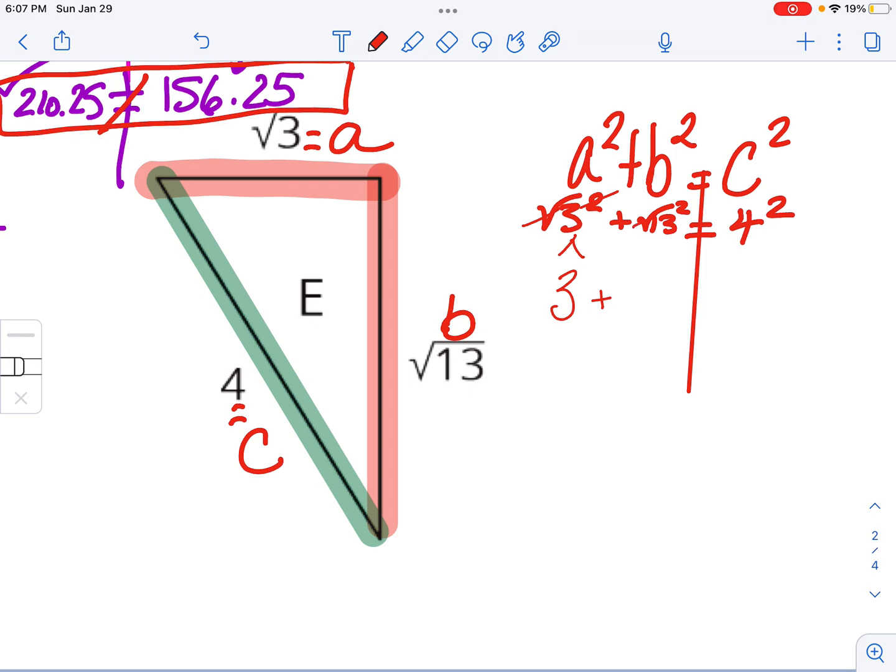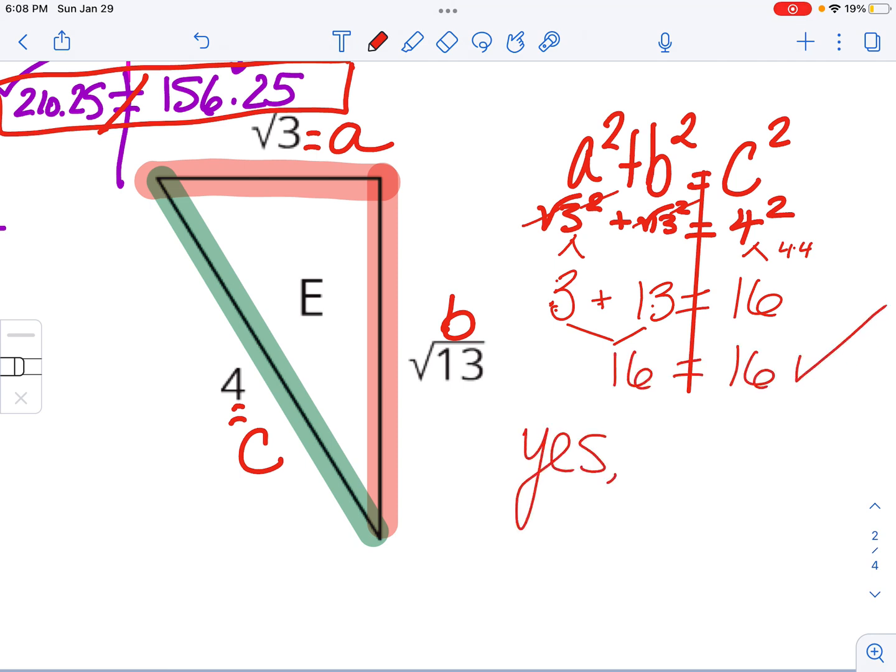Same with the 13, square root and square get canceled, 13. Equals in the middle. 4 squared means 4 times 4, 16. Now I add it. 3 plus 13, 14, 15, 16. Does that equal 16? Yes. They should be equal on both sides. This is a right triangle.